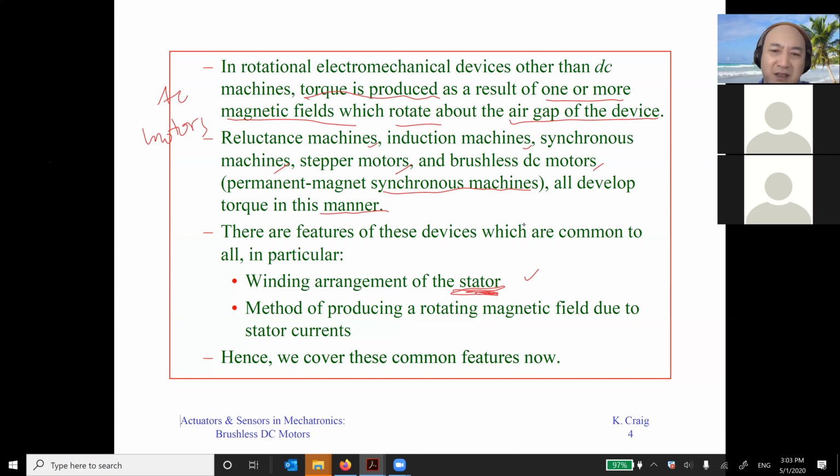Another thing is the generation of a rotating magnetic field. We'll keep saying this term. So you add the stator current in an alternating way, then your magnetic field is changing. These are the common features of a rotating magnetic field.